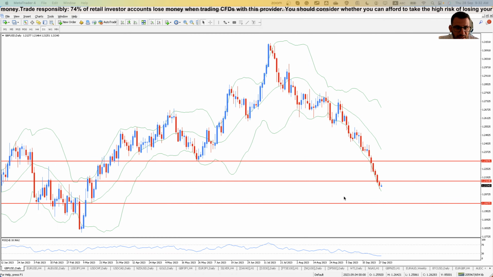So pound against the US dollar, what do we see here? Price broke below this area of support as we marked it on the chart at the beginning of the week, and this area here is the next support we expected the price to reach eventually.